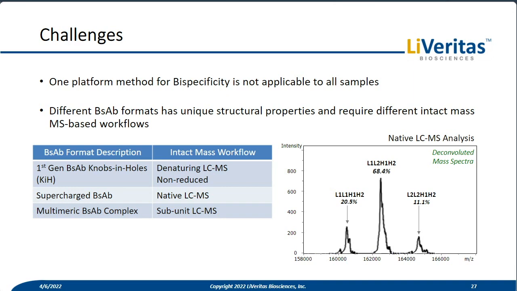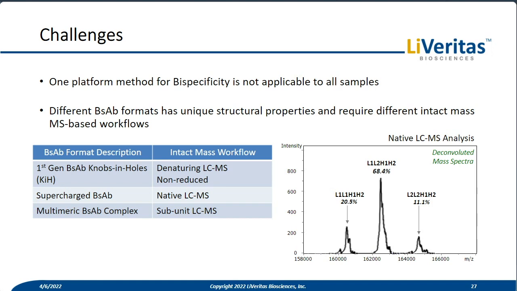So here on the small table on your left, we've summarized what we have done. We had to make sure that all of our intact mass workflows are in good shape, that they can address the needs of each of these bispecific antibody formats described on the table. We have different versions of the knobs and holes.